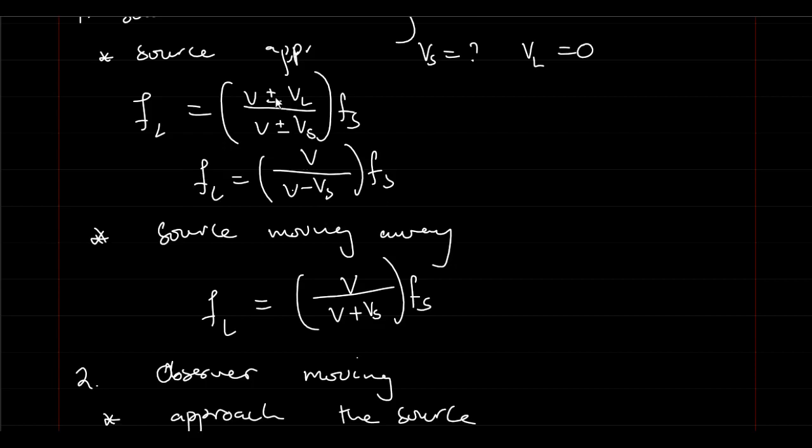You might make mistakes and forfeit the mark for the formula. So please copy the formula as it is from the formula sheet, and then from there write this, because when we calculate we will use this, since on the calculator you can press plus and minus at the same time.